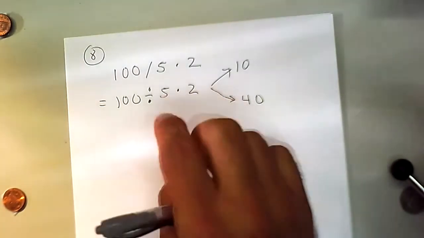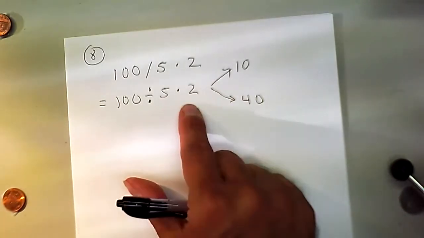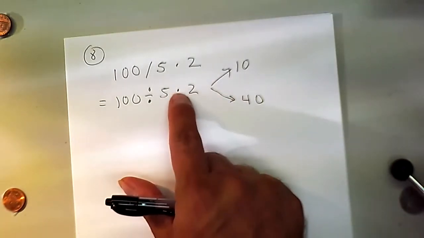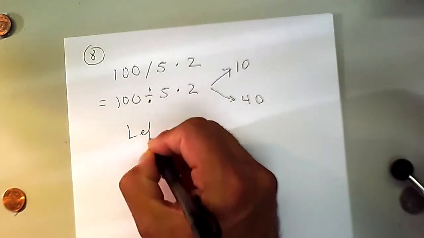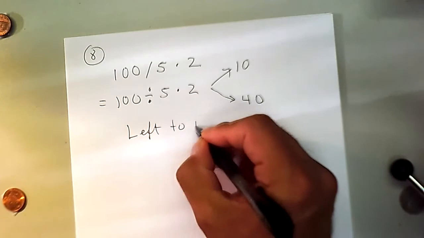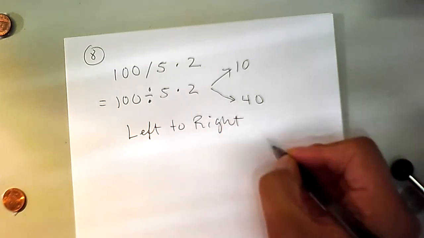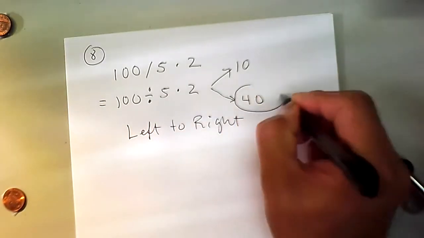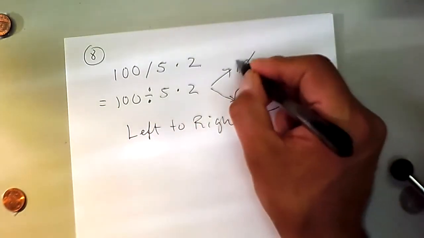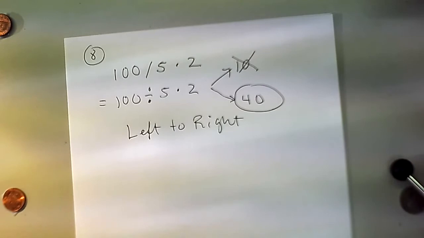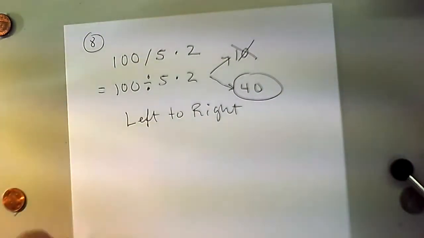So from left to right wins over multiplying first. Left to right is what we have to do, and consequently 40 is the correct thing to say here, not 10.